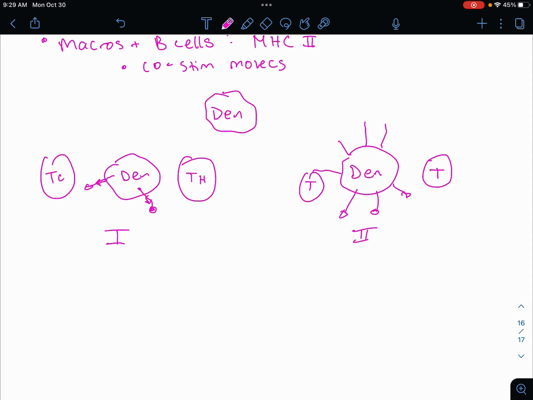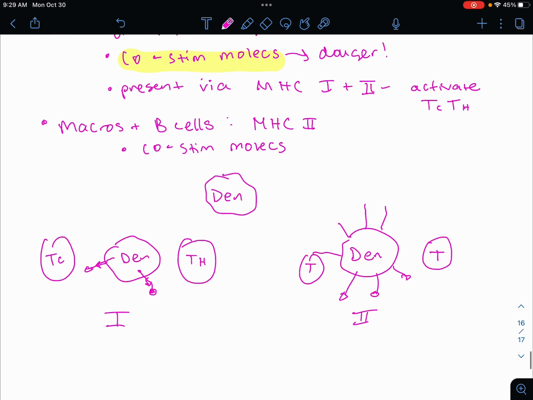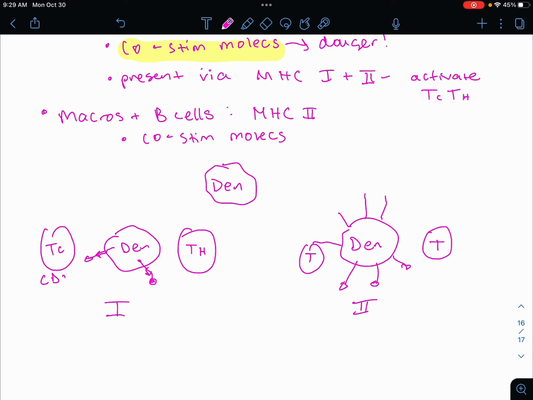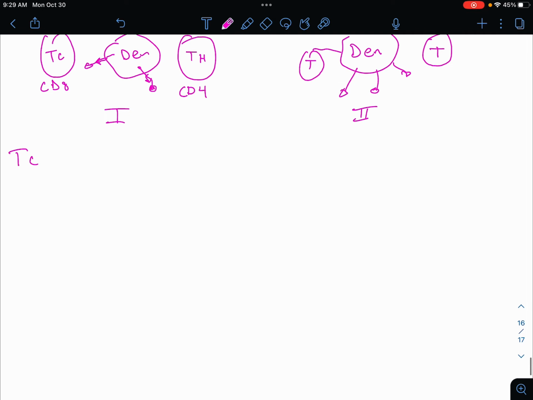The TC cell is also known as the CD8 cell, while the CD4 is going to be the TH, the helper. Right, now we're going to look at the TC, or the CD8 cell, in detail.